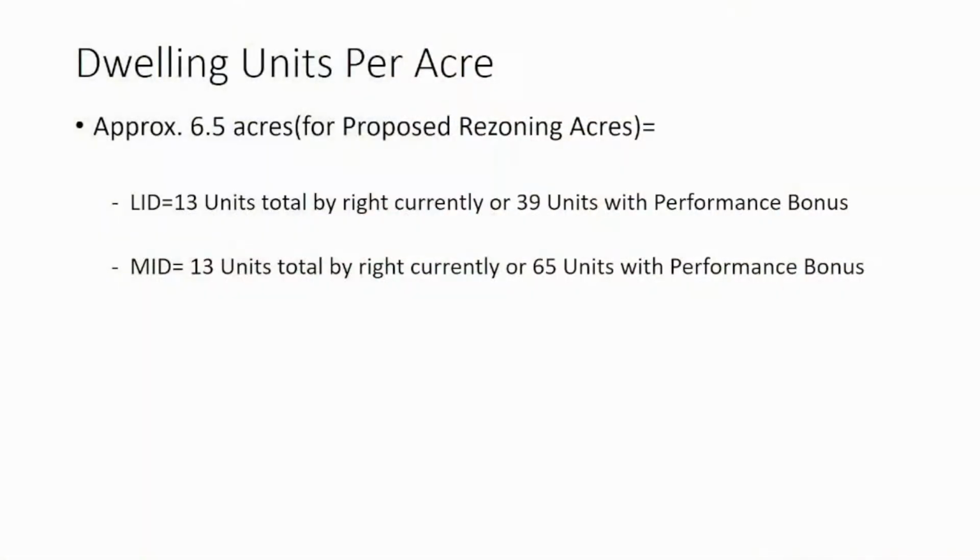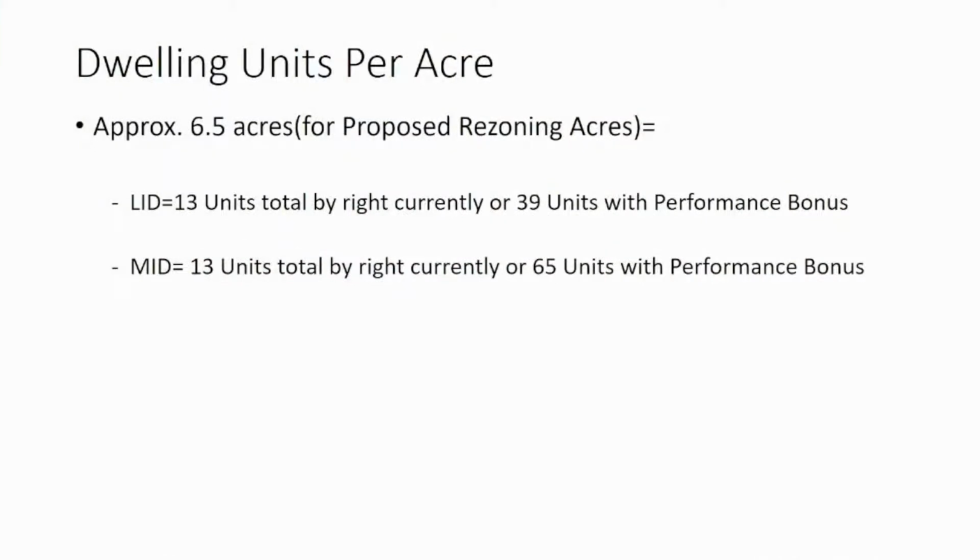I had a second question, back to Jesse, please, just for reiteration on density. What's allowable on density between the existing LID and the MID? Yeah, so remember the difference between base and performance. The base is the same. I'm just looking at the two parcels, which is approximately 6.5 acres.